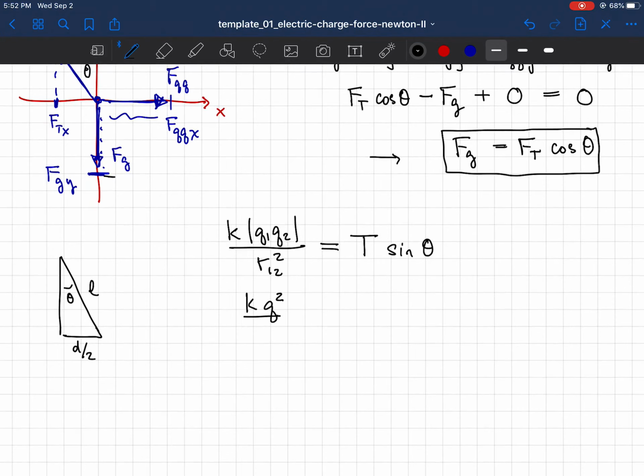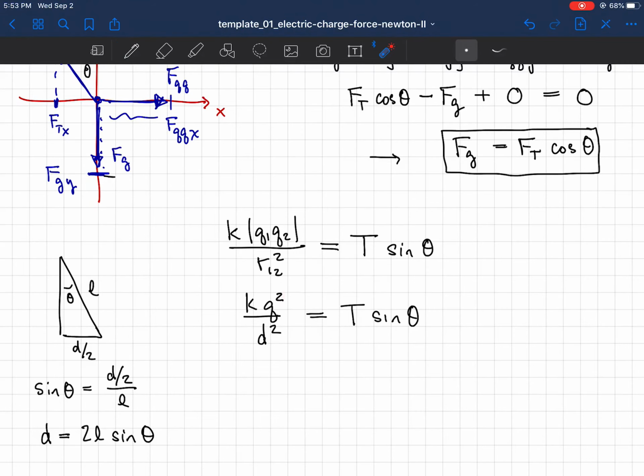So I could relate these two by saying that sine of theta is equal to d over 2 over L, which tells me that d is equal to 2L sine of theta. So I have an expression for d if I need it. For now, let's just write that R12 squared is equal to d squared, and we'll see if we need it.